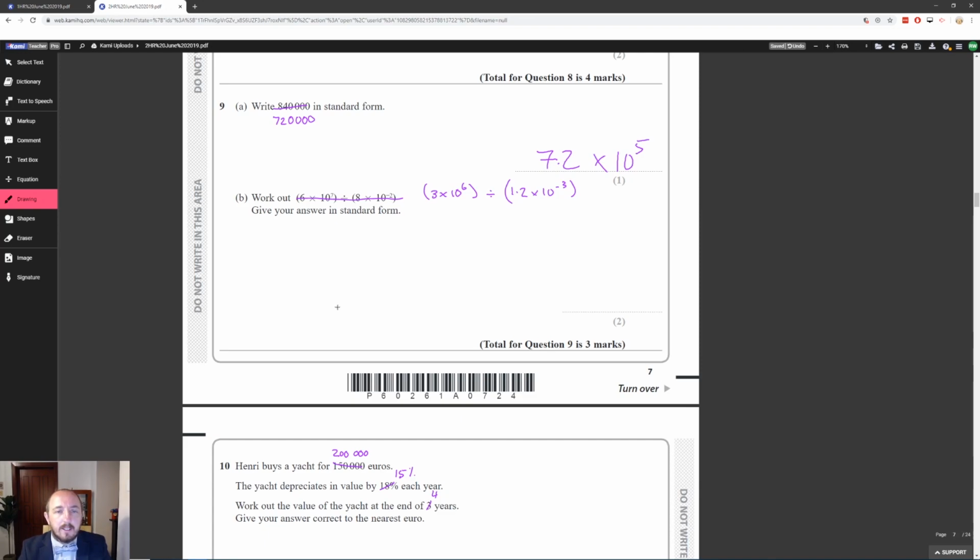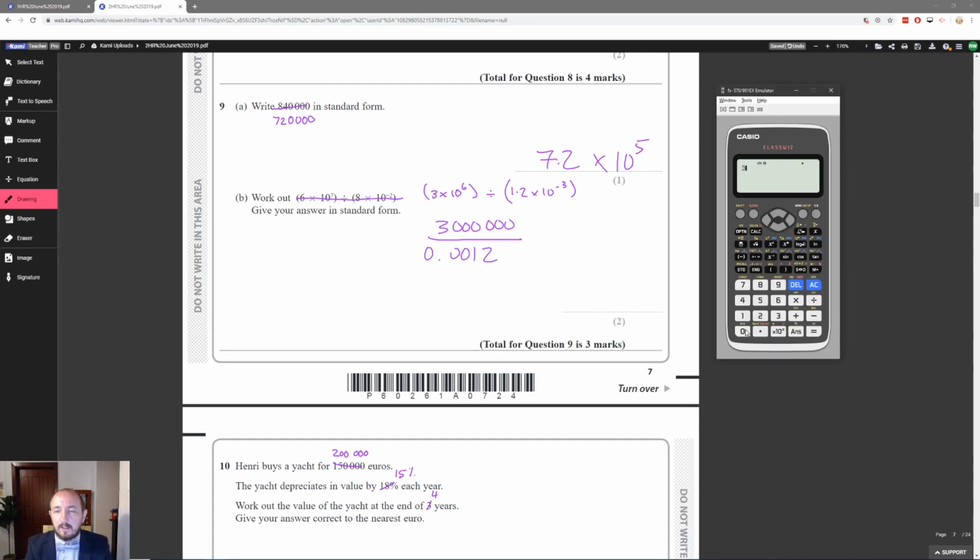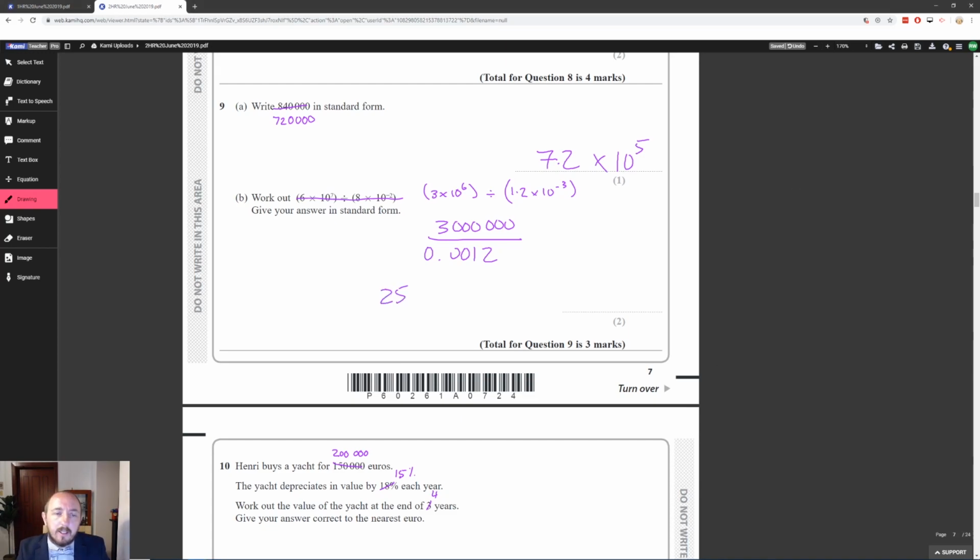Work out this. 3 times 10 to the 6 is 3 million divided by 1.2 times 10 to the minus 3. So we're going to move that 1, 2, 3. So that's 2 zeros there. And we can just double check this on the calculator as well afterwards. So 3 million divided by 0.0012 is 25, and then 1, 2, 3, 4, 5, 6, 7, 8 zeros.